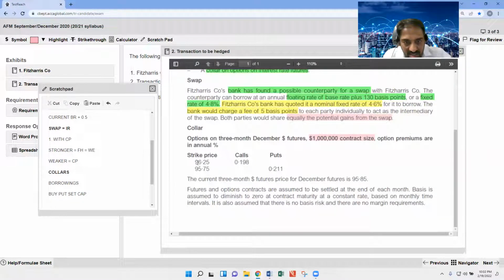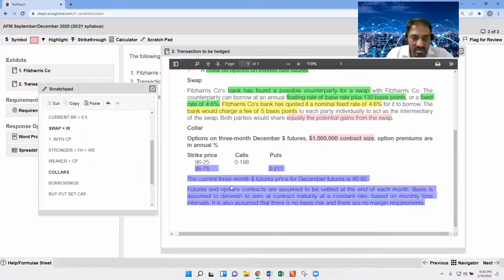One of the percentages is 96.25 and one is 95.75. So 100 minus 95.75. Can you please reply what is the amount? 4.25. Sell call, set floor.